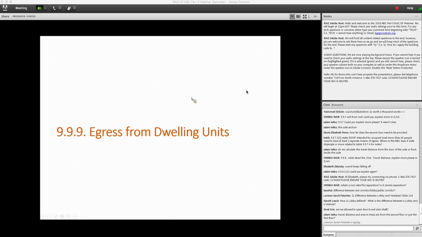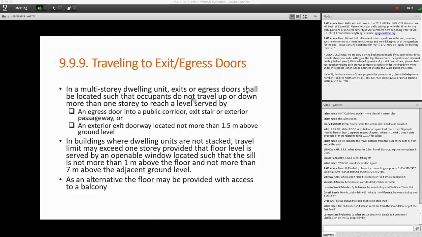So that brings us then to egress from dwelling units. A dwelling unit is a defined term in the code.